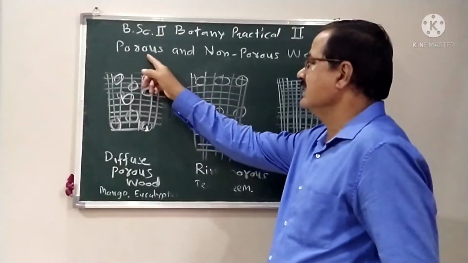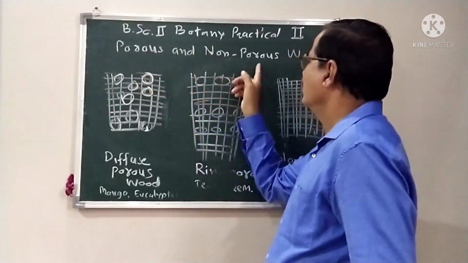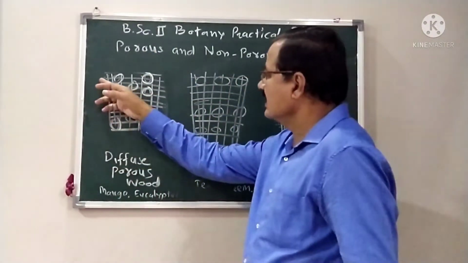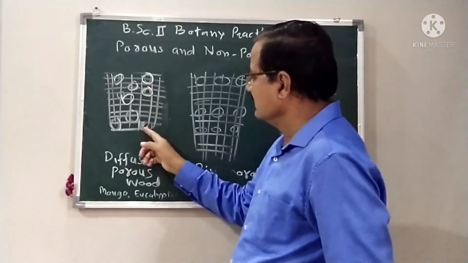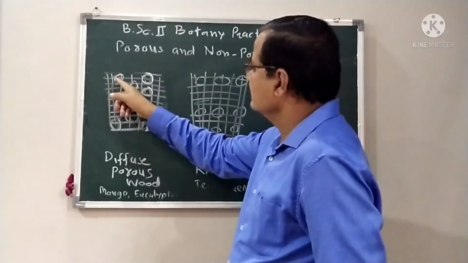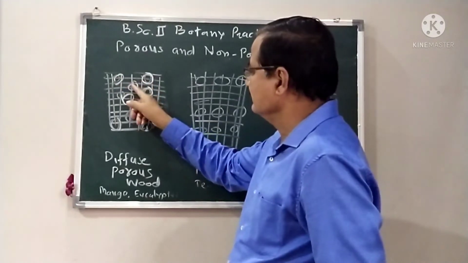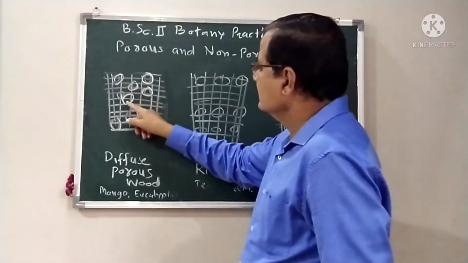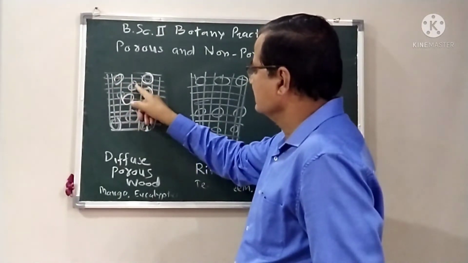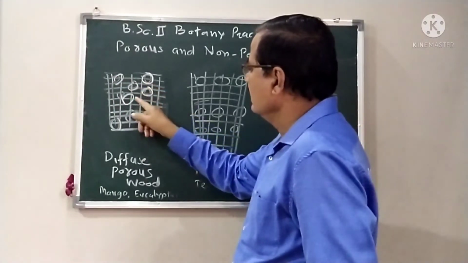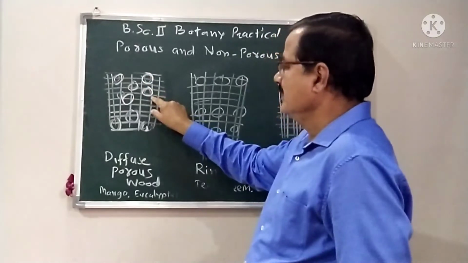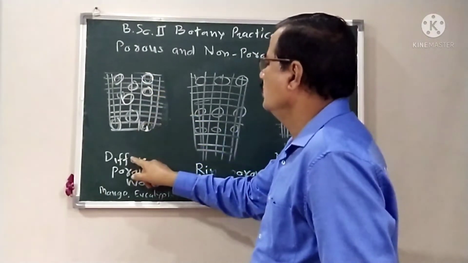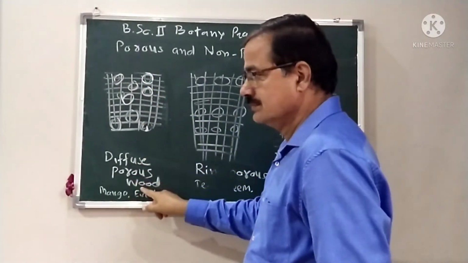The xylem vessels are spherical in outline. When smaller and larger vessels are present, not in a ring but scattered in the secondary xylem, then the wood is known as diffuse porous wood.